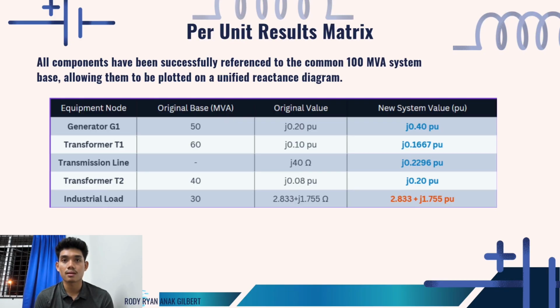The transmission line, originally given in ohms, is now j0.2296 per unit, and transformer T2 is now j0.20. The industrial load remained at 2.833 plus j1.755 per unit because it was already in per unit. So with these new values, we have a unified system ready for analysis.